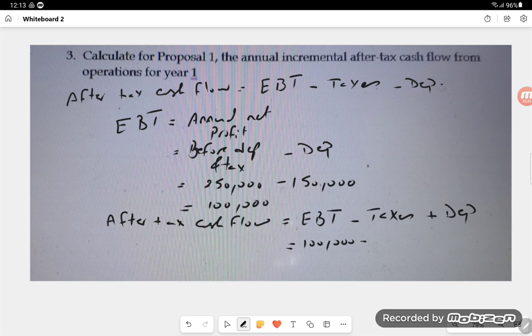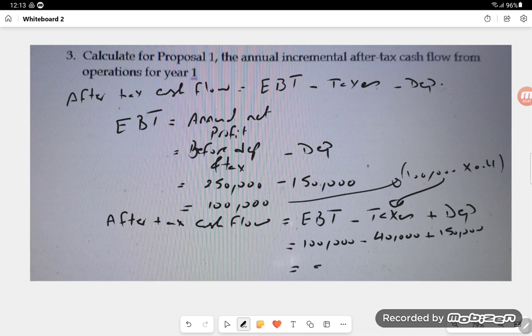Taxes will be 100,000 multiplied by 0.4. This is taxes. So it will be 40,000. And now we are going to add the depreciation, which is 150,000. So it will be 210,000.